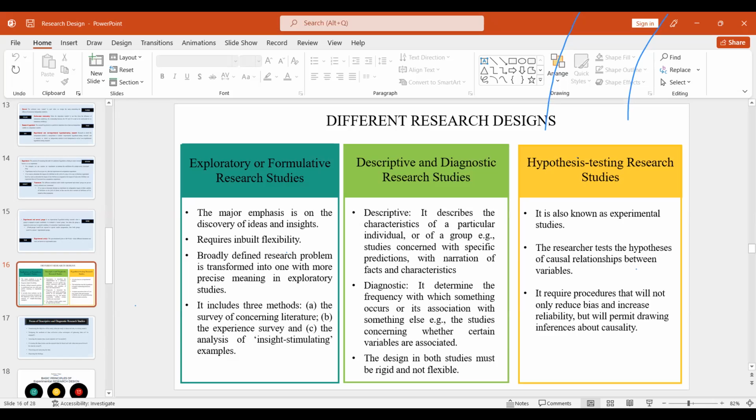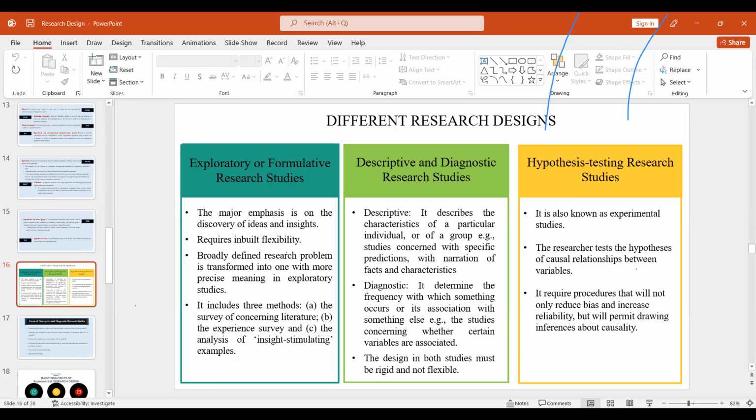Third, a broadly defined research problem is transformed into one with more precise meaning in exploratory studies. Fourth, it includes three methods: the survey of concerning literature, the experience survey, and the analysis of insight stimulating examples.